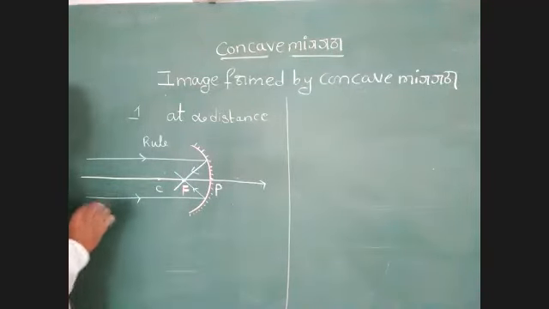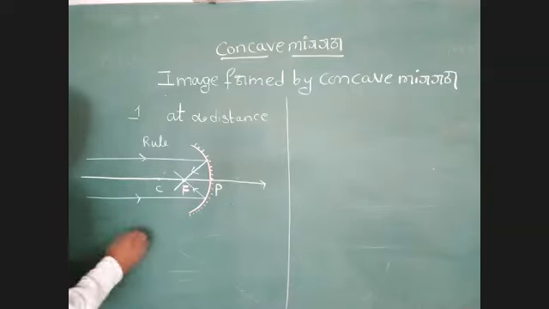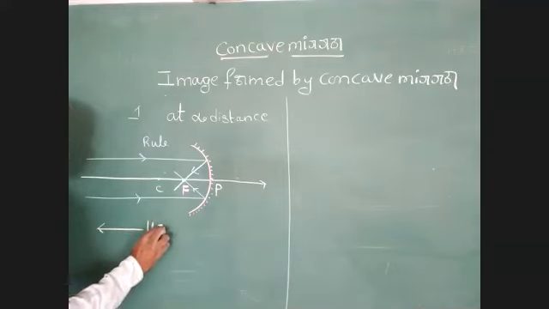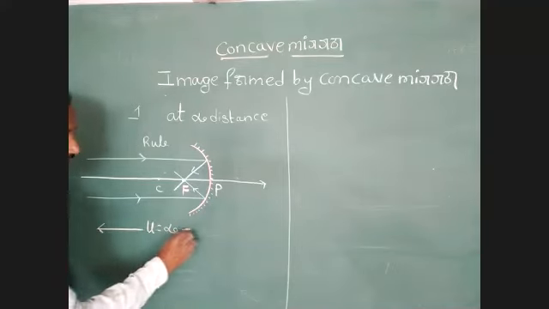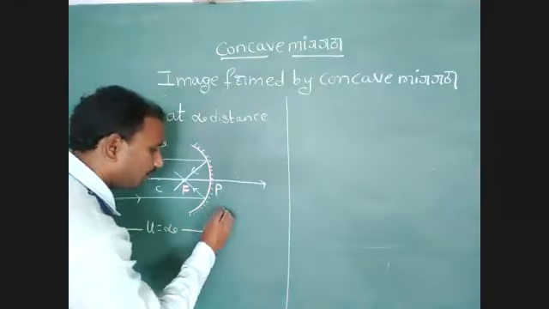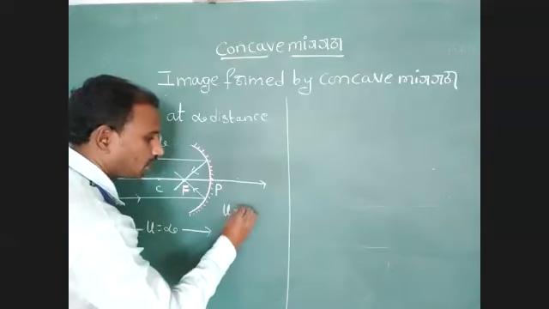Here the position of an object we consider at infinite distance. So u equal to infinity. Here u represents the object distance.